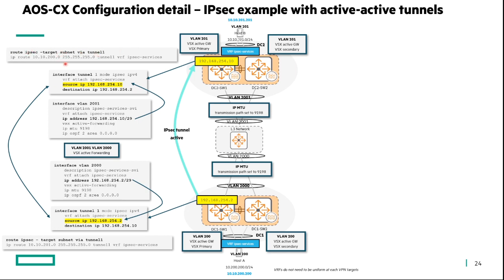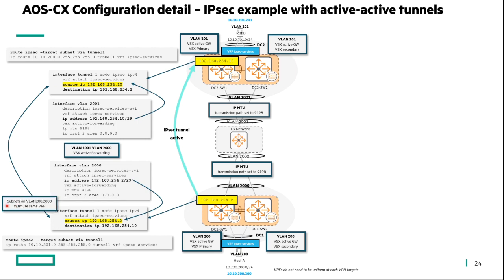So at DC2 we have an IP route 10.10.200.0, which is where host A sits at DC1, to use the local tunnel 1. And the VRF, I've called it IPsec services. And at DC1 switch 1, I've used the same method, IP route 10.10.201.0 subnet, which is targeting host B, to use that local tunnel 1 that's on DC1 switch 1. All well and good so far then, hopefully.